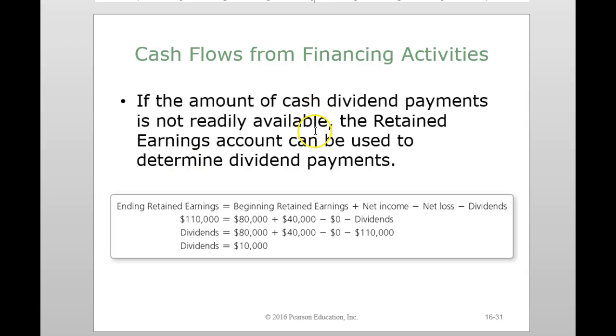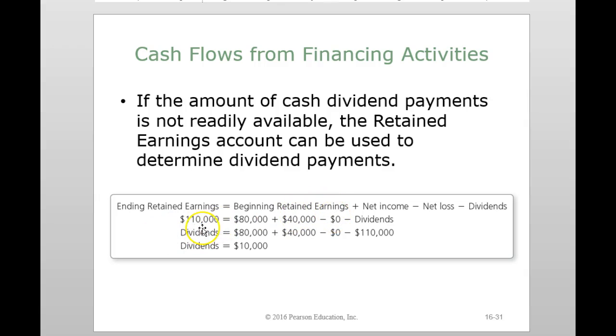In this case, the retained earnings is what is really going to be scrutinized to see if there were any dividends. Because ending retained earnings equals beginning retained earnings plus net income minus loss minus dividends. And we can account for $80,000 in the beginning. We can account for the net income. We didn't have a loss, so that's 0.